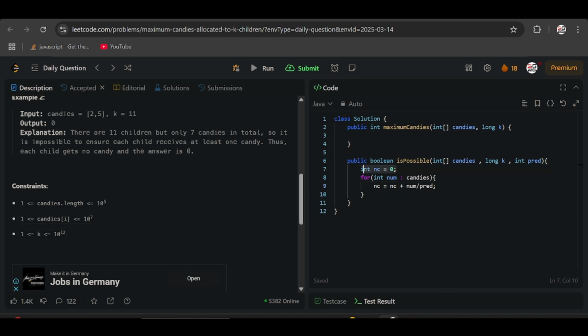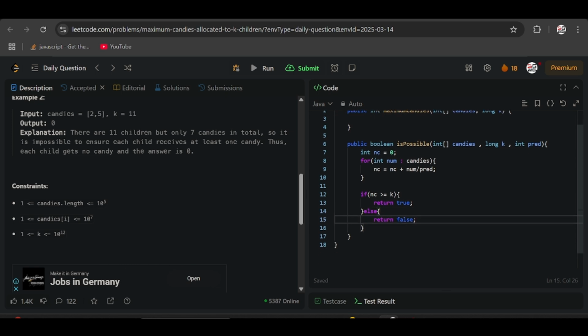I am taking NC and I am doing the sum of all the quotients which I am getting from each index. So at last I will be checking if NC is greater than or equals to K, then I will be returning true. Otherwise, just return false.